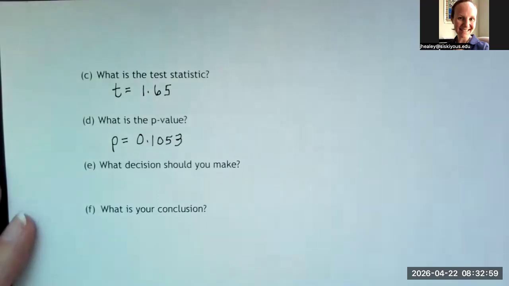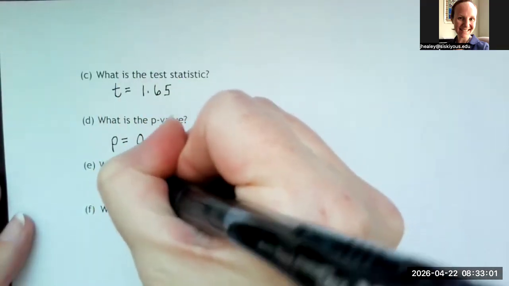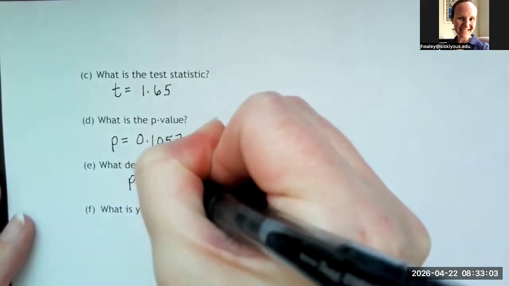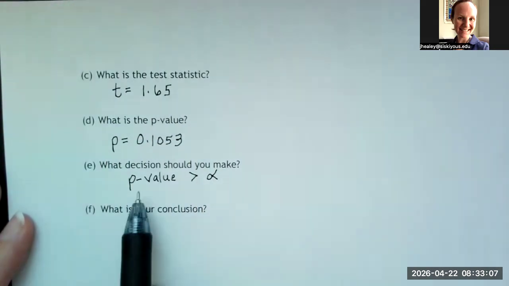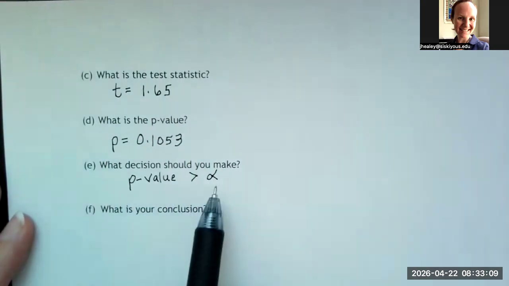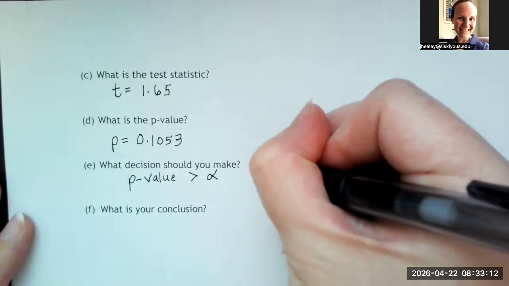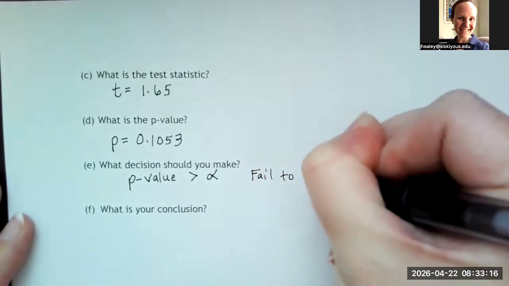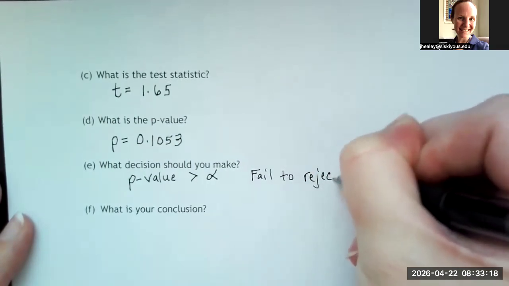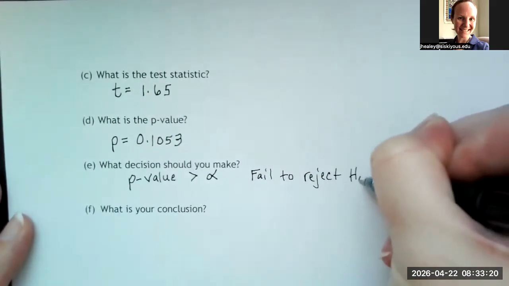So p-value is bigger than our alpha. And so if our p-value is high, then null must fly. So we're going to fail to reject our null hypothesis.